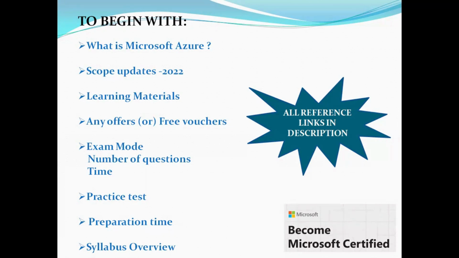These two are the main sources to prepare for this exam. Next, any offers or free vouchers. Before you plan for this exam, make sure to check if in case you have any free vouchers or any offers going on in your company so that you can avail it.